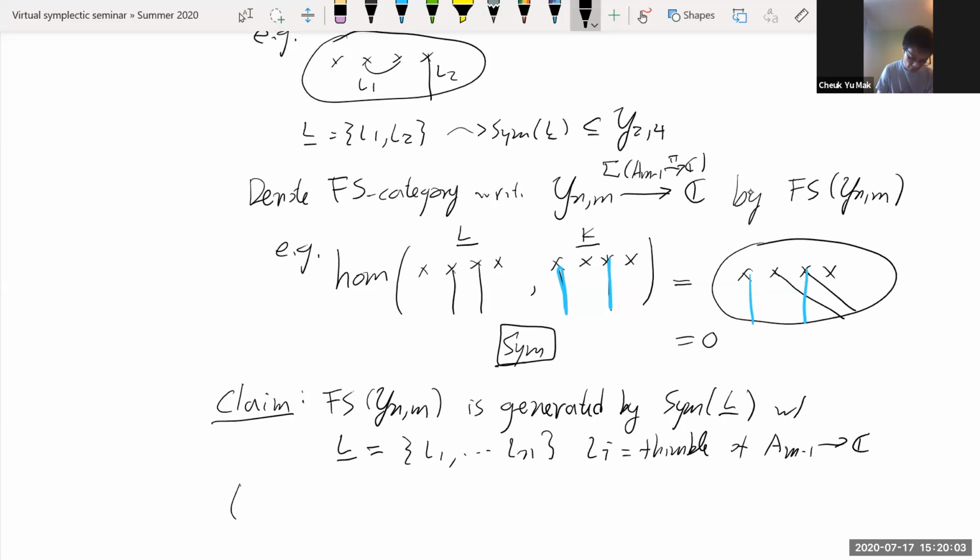And this is a generalization of an observation by Auroux.